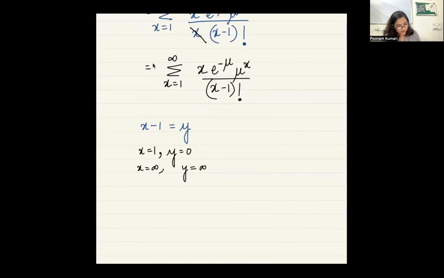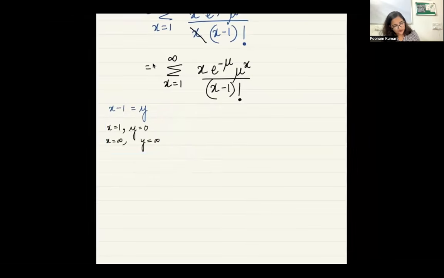तो आप क्या कर सकते हो यहाँ पे? Let's do that. So wherever we see, we can just write y going from 0 to infinity. And what is this now? Instead of x, this is x here, right? So instead of x, what can I write? y plus 1.